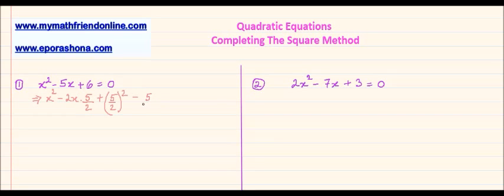So we will be writing 5/2 minus (5/2)². Since we have added this (5/2)², we have to subtract this as well. So we have written minus (5/2)² because effectively this plus (5/2)² and minus (5/2)² when added will be nullifying each other. These two will get cancelled. We have introduced this term just for the sake of the calculation.